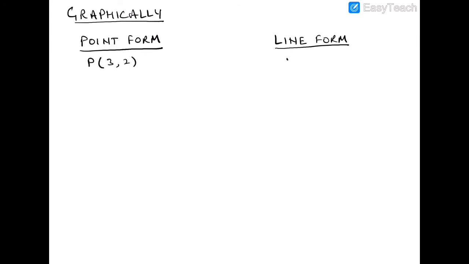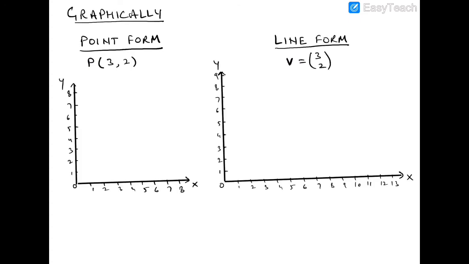Now let's understand point form and line form graphically. Let's take a point P as (3, 2). In line form it will be v equals (3, 2) written vertically.